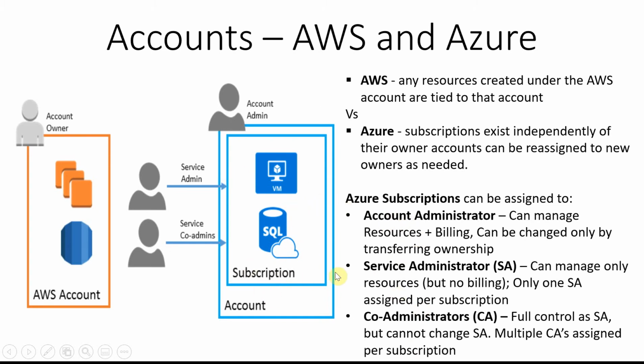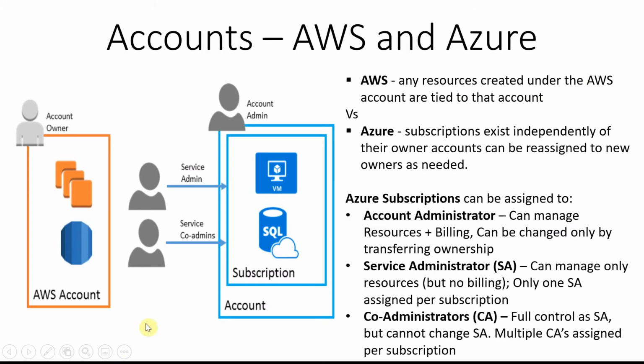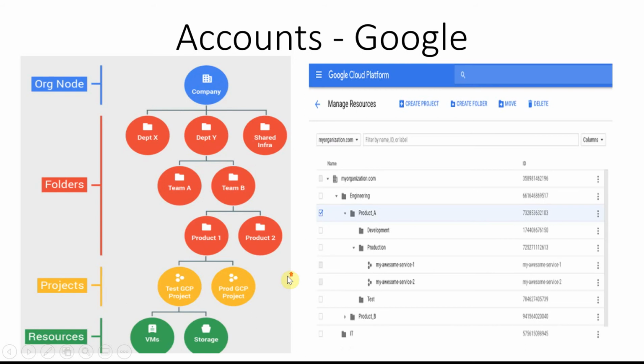Now, if you come back to Google, this is similar to what is there in Azure, but with slight modification. But there is a good hierarchy that is maintained in Google, where if you start, there will be something called an organization node. For example, a GCP account is there for an enterprise.